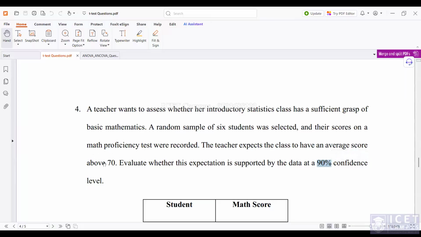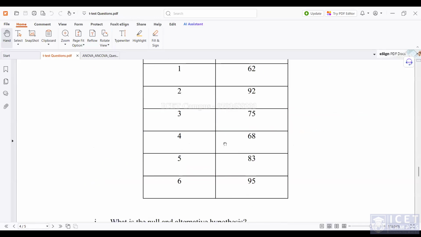Then which type of test is appropriate for this? You can see here the teacher expects the class to have an average score of 70, right? So there is a value to compare, the value is 70. As we discussed last day, if we have a constant value to check in a t-test, we can go for a one sample t-test. So here we can enter student numbers.